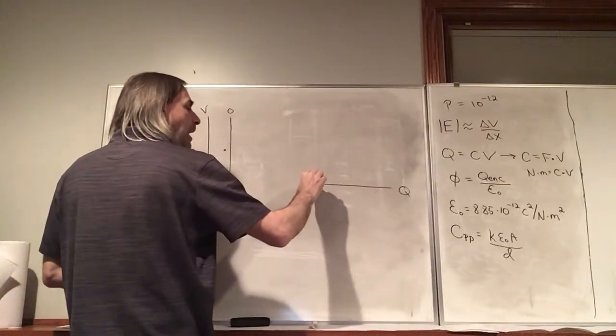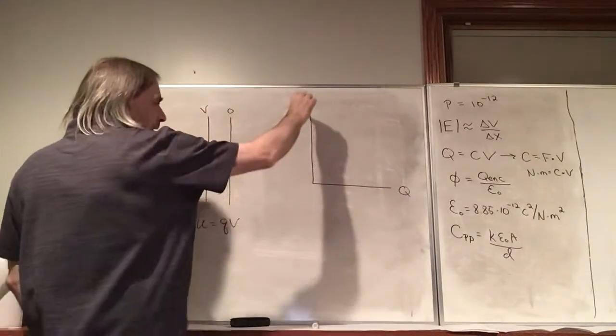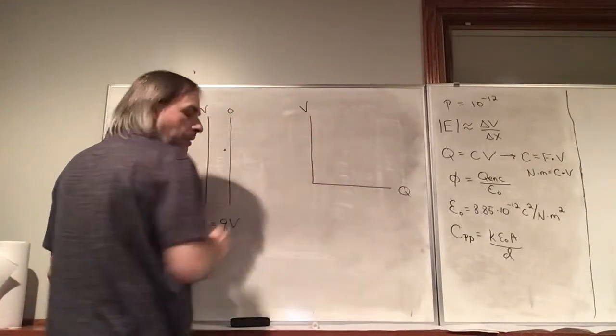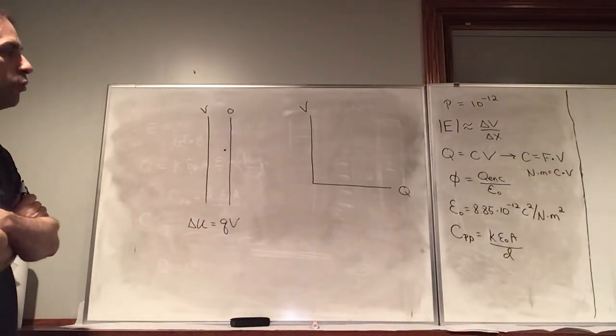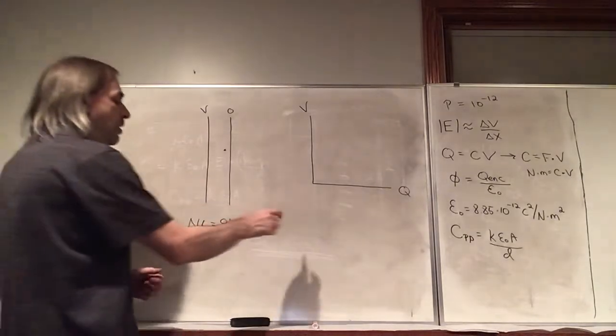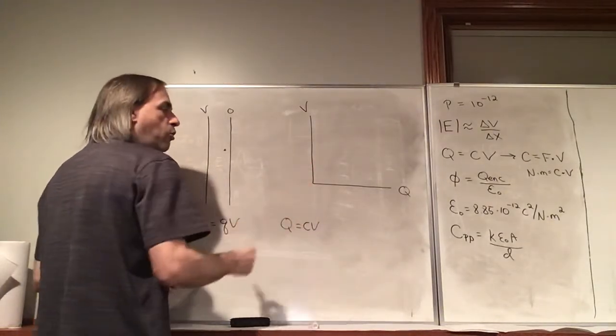So let's make a plot. We plot Q as a function of the voltage. And remember, Q is equal to CV, so they're directly proportional to each other.